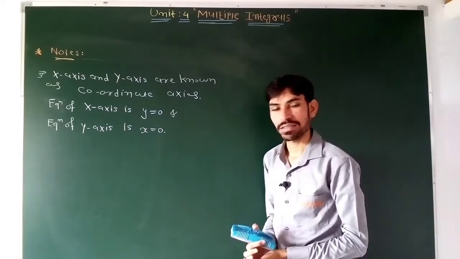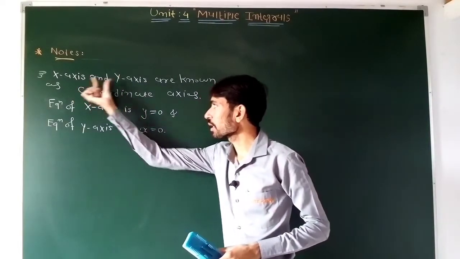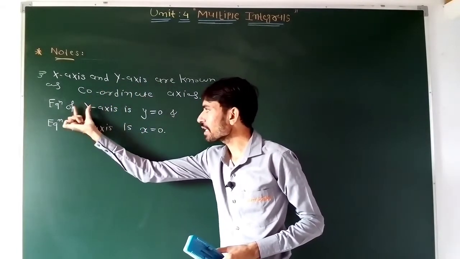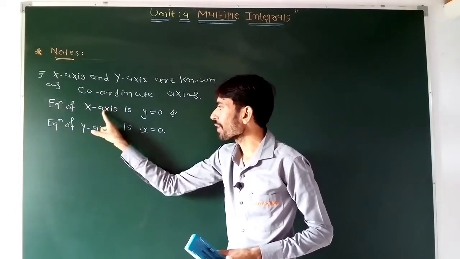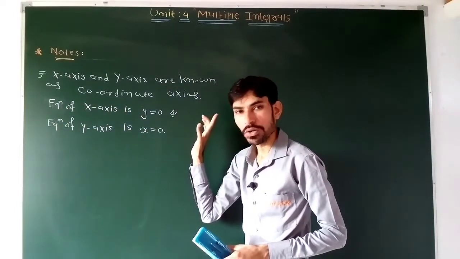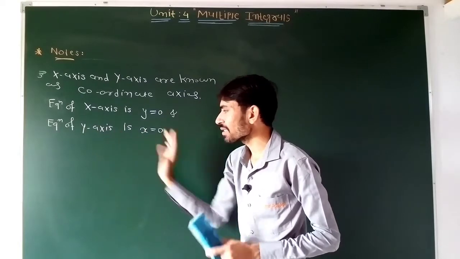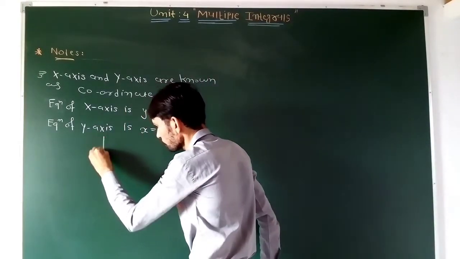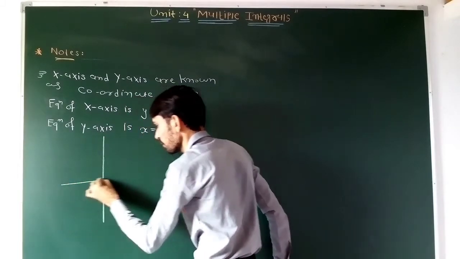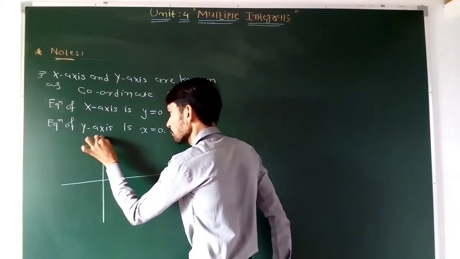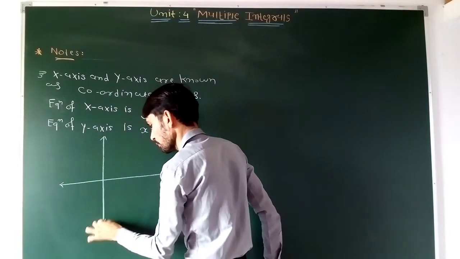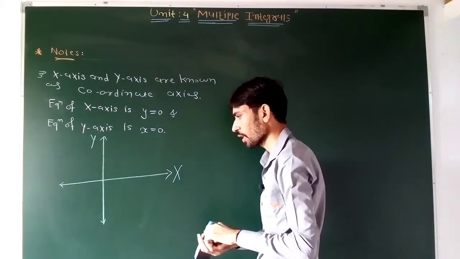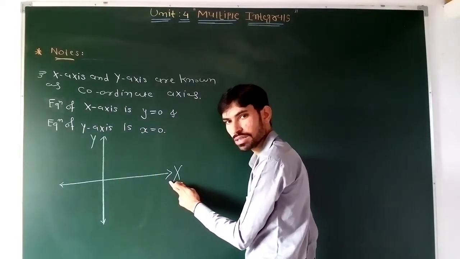Friends, remember this especially: what name are our x-axis and y-axis known by? Coordinate axis. And what is the equation of the x-axis? Equation of x-axis is y is equal to 0 and equation of y-axis is x is equal to 0. So here we draw our x-axis and y-axis. So this is our x-axis and this is the y-axis, and together they are known as the coordinate axis.